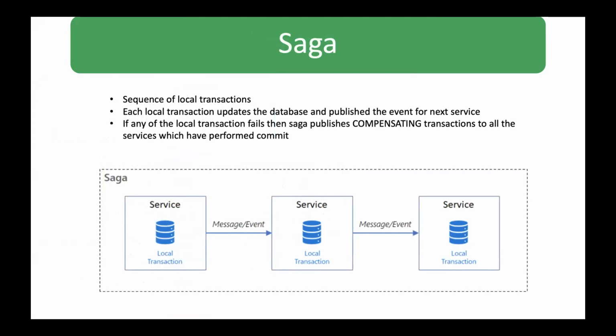Now, a simple, straightforward, real-time example: imagine you are going to makemytrip.com or cleartrip.com. There are many websites available today, and you have a scenario where you want to book a flight to some XYZ location, and after the flight is booked, you would like to book a hotel for the number of days you want to stay there.